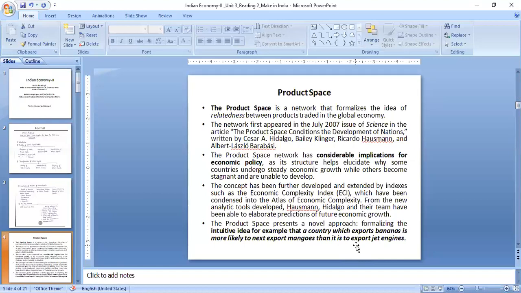That seems very plausible because since it was producing and exporting bananas, it must have a comparative advantage, and therefore moving to a very similar product, mangoes, is going to be relatively easier for this country.